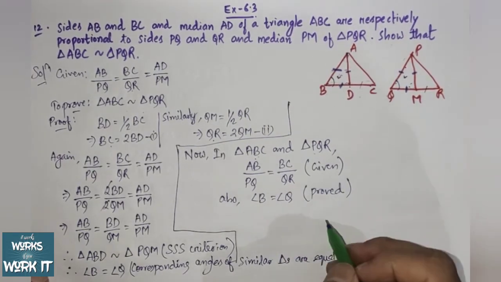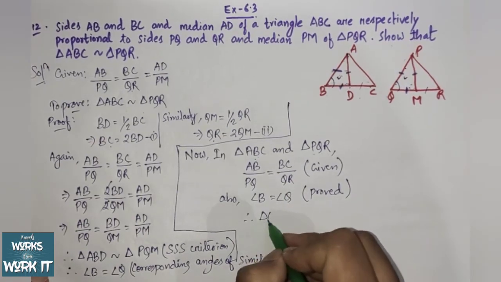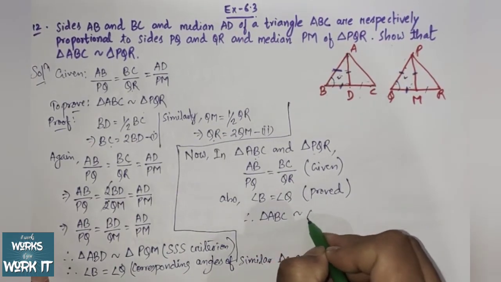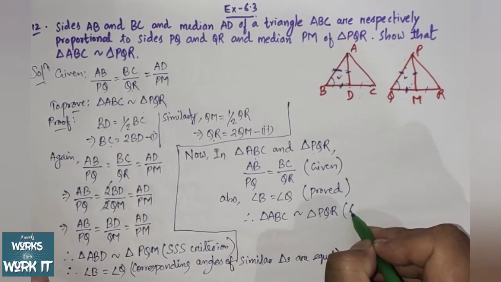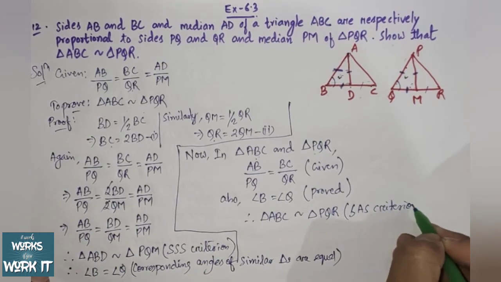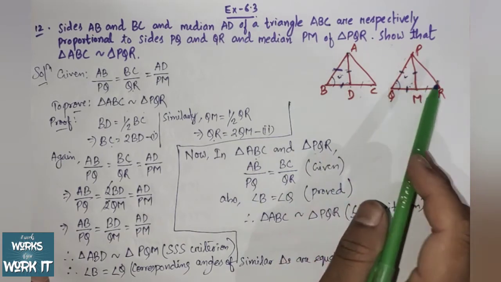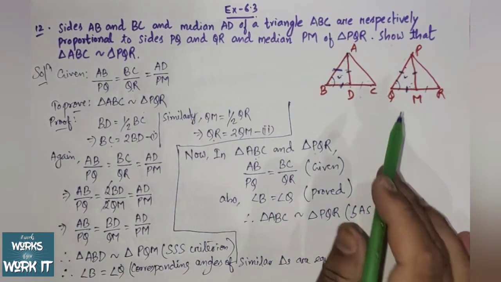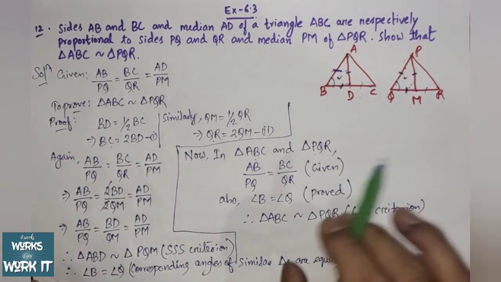Therefore, triangle ABC is similar to triangle PQR by the SAS criterion, because two sides are proportional between the two triangles ABC and PQR, and the angle between them is equal. I hope you have understood this one.